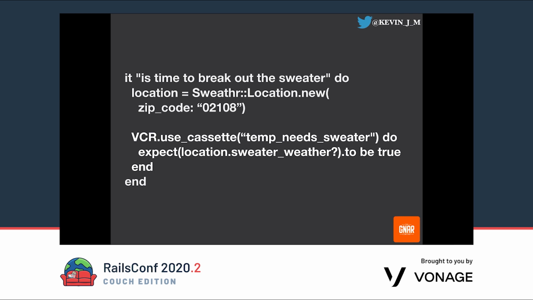VCR is going to keep track of all of the information we sent over and received and store that in a file and save that. And now the second time we run this test, VCR is going to notice, oh, I already have this fixture. So I'm going to use that to stand in for the actual API request. So the second through nth time that we run this test, this isn't hitting the actual weather API, it's using the fixture instead.